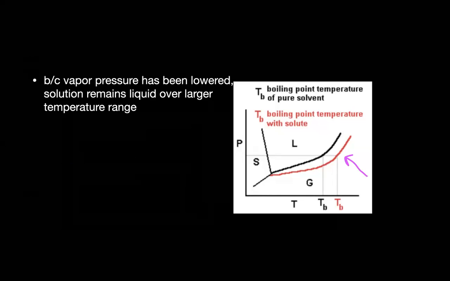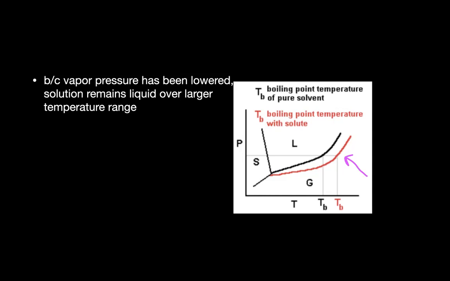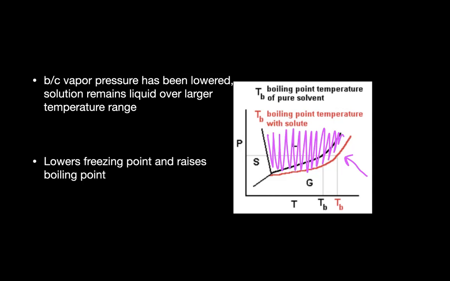Basically you can look at it as if you measure the area of the L section of the graph, it becomes larger. That means it's a liquid over a greater range of temperatures. So it's going to lower freezing point and raise boiling point. I'll talk about each of these separately.